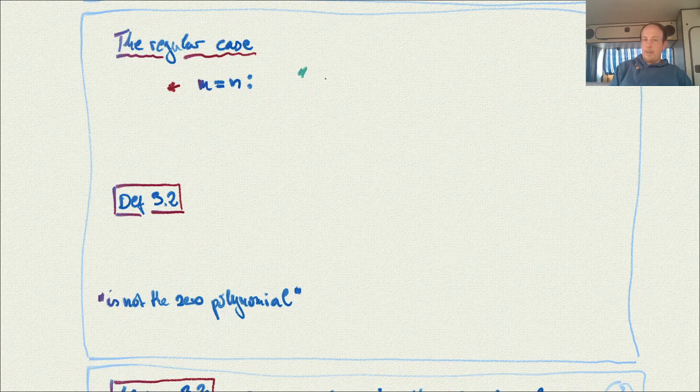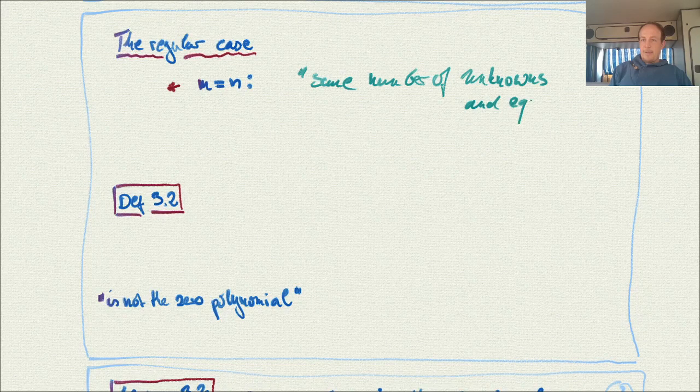This means the same number of unknowns and equations. This is, so to say, the regular case, and this makes a lot of sense. Also, if we talk of differential algebraic equations, you want to have as many unknowns as you have equations, and the other way around.